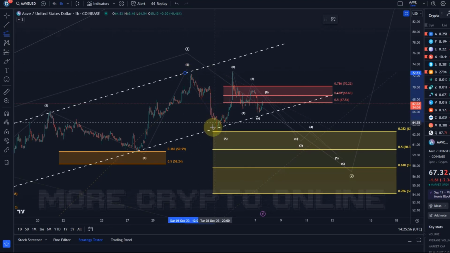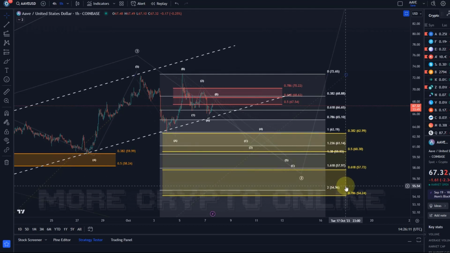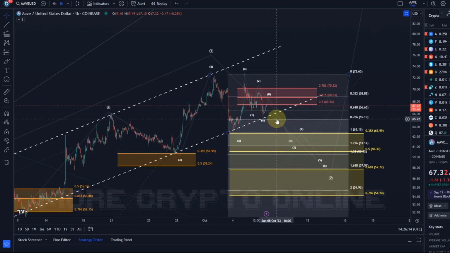The C wave oftentimes reaches the 1-to-1 ratio, the 100% extension level. That's at $63, so I would certainly pay attention to that level. I would prefer, though, if we go down lower, possibly in the area around the $60 level to 54. But nevertheless, we have to be prepared that it might only reach $63.